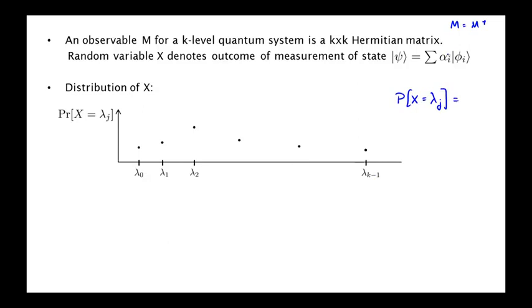The jth outcome will occur with probability alpha sub j magnitude squared. Because our state psi, the state of our quantum system, we have decomposed in terms of the eigenbasis of M, and the amplitude of phi sub j is exactly alpha sub j. So we get a probability distribution of this kind on our k different outcomes, lambda naught through lambda k minus 1. Every other outcome has probability 0.